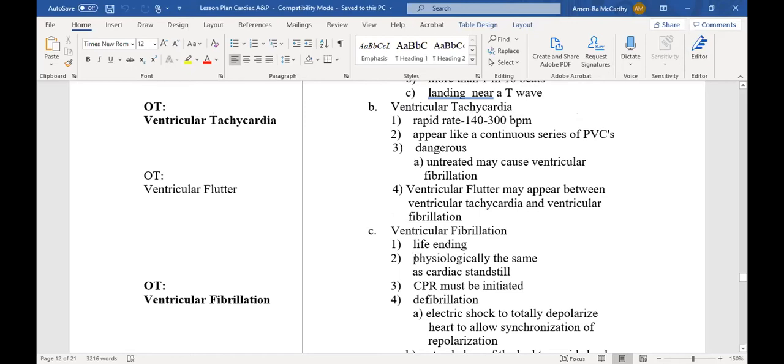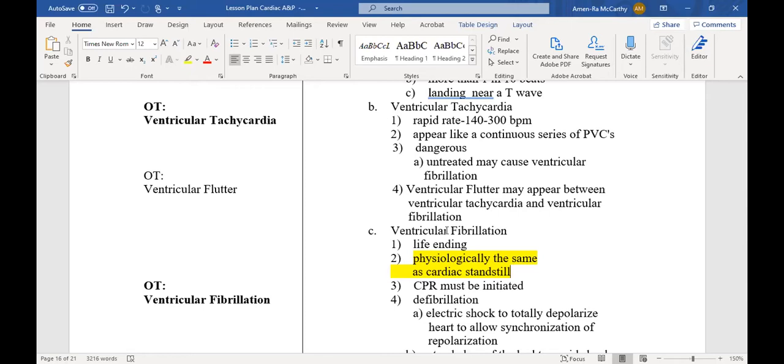All right? It's the same as cardiac standstill or asystole. Please remember this part because it will be on your test. Ventricular fibrillation is the same thing as cardiac standstill, which is asystole, just a flat line.